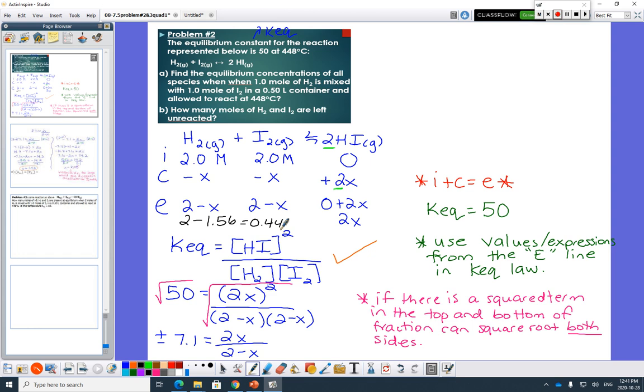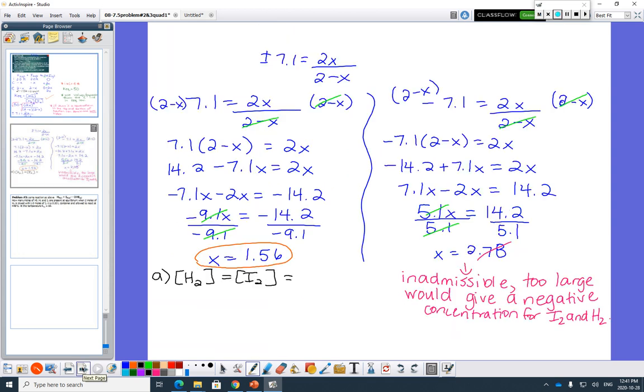Just make sure that you have units, okay? Or you can write it out separately. Either big M or moles per liter, whatever you like better.